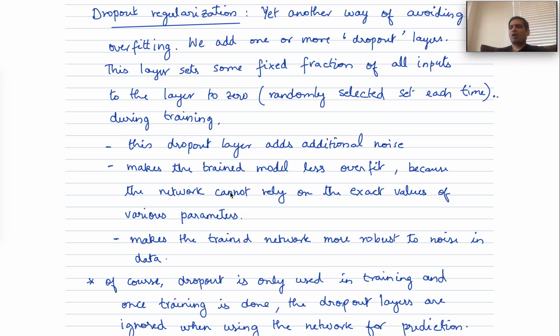This gives the model some robustness properties. Basically, like we said, the exact values of the parameters don't matter.